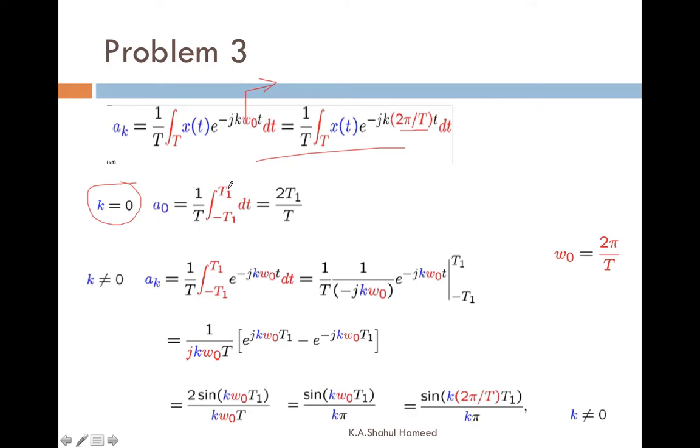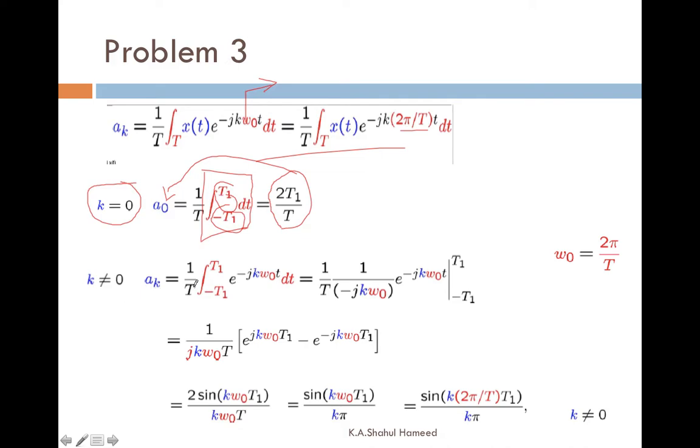When you integrate, the integral of dt is t, and you have to substitute the upper limit and the lower limit, which is minus T1. When you substitute, you will get 2 T1 by T. So this is nothing but a naught, the first coefficient.